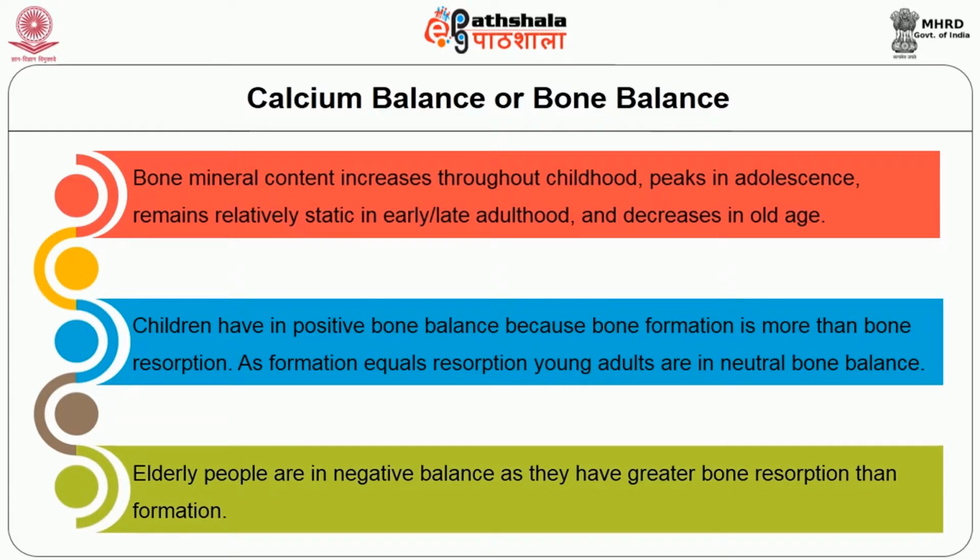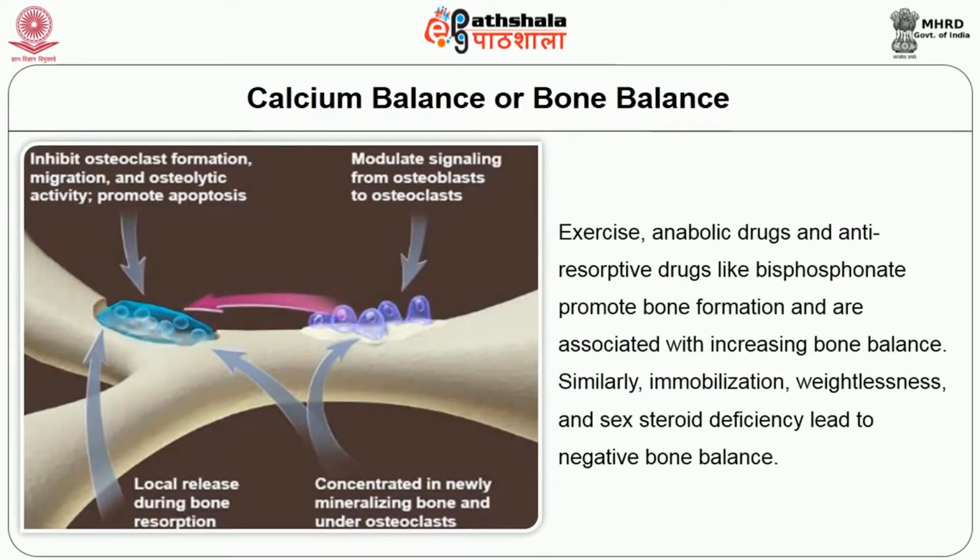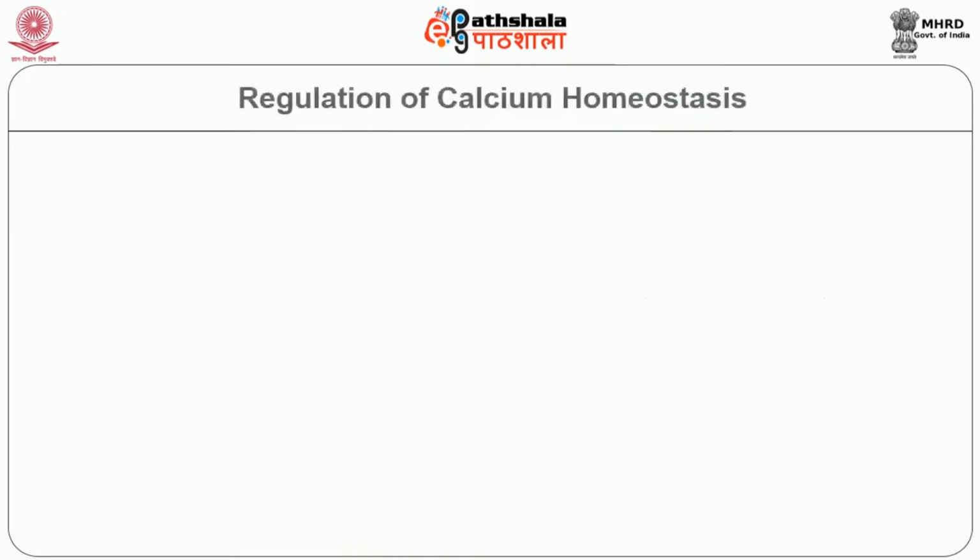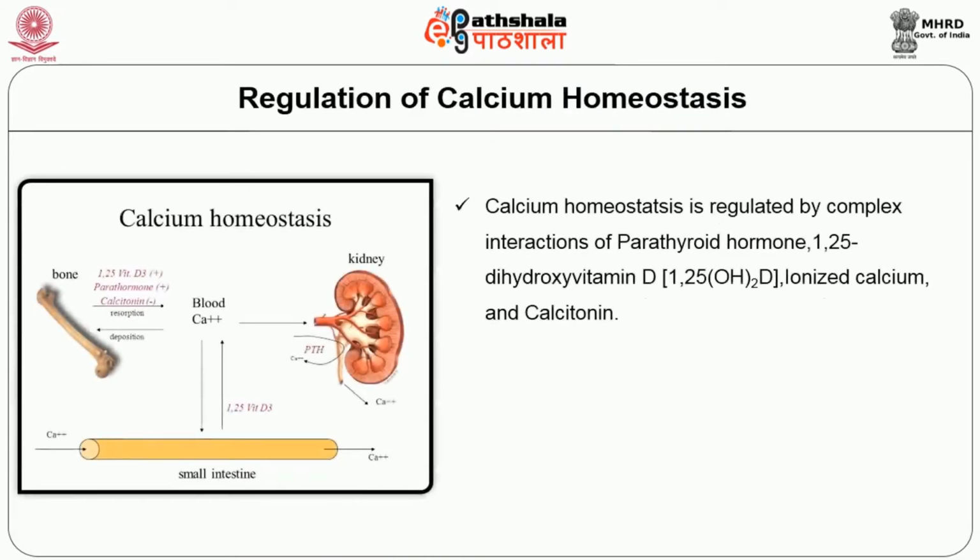The elderly people are in negative balance as they have greater bone resorption than formation. How to overcome this? Exercise, anabolic drugs and anti-resorptive drugs like bisphosphonates will promote bone formation and are associated with increasing bone balance. Similarly, immobilization, weightlessness and sex steroid deficiency lead to negative bone balance.